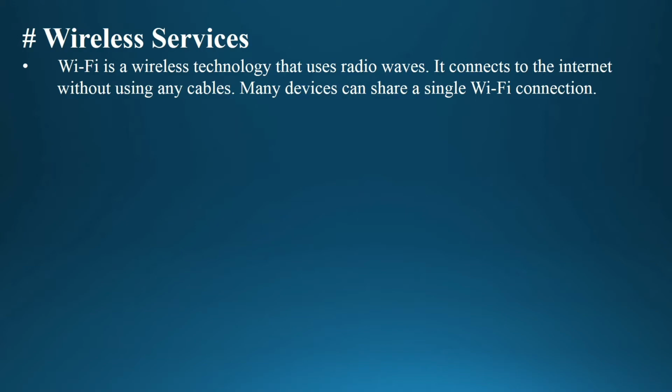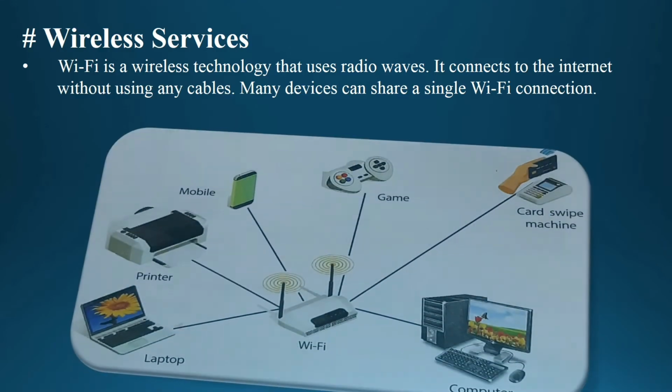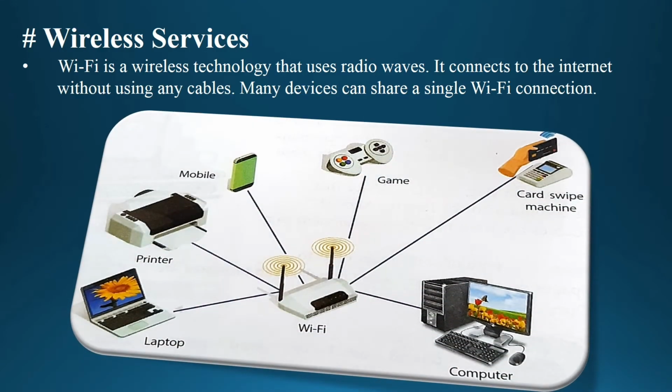The connection is set up with the help of an antenna. This technology is called wireless technology. Wi-Fi is a wireless technology that uses radio waves. It connects to the internet without using any cables. Many devices can share a single Wi-Fi connection at the same time.